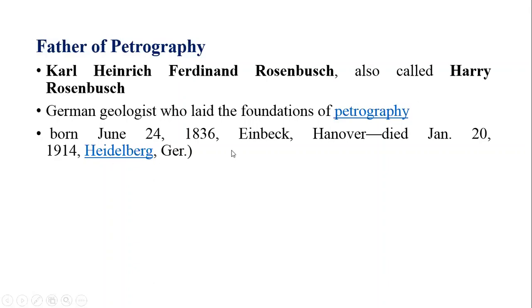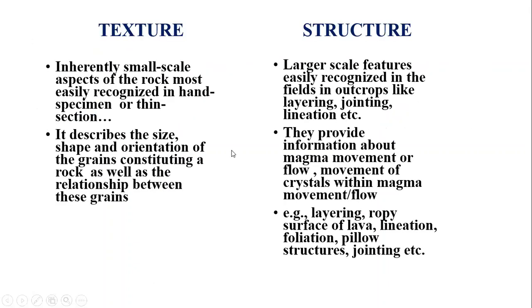Now, what is the difference between texture and structure? The first difference is the scale. Textures are smaller features. They are inherently small-scale aspects of rocks, most easily recognized in hand specimen or thin section.